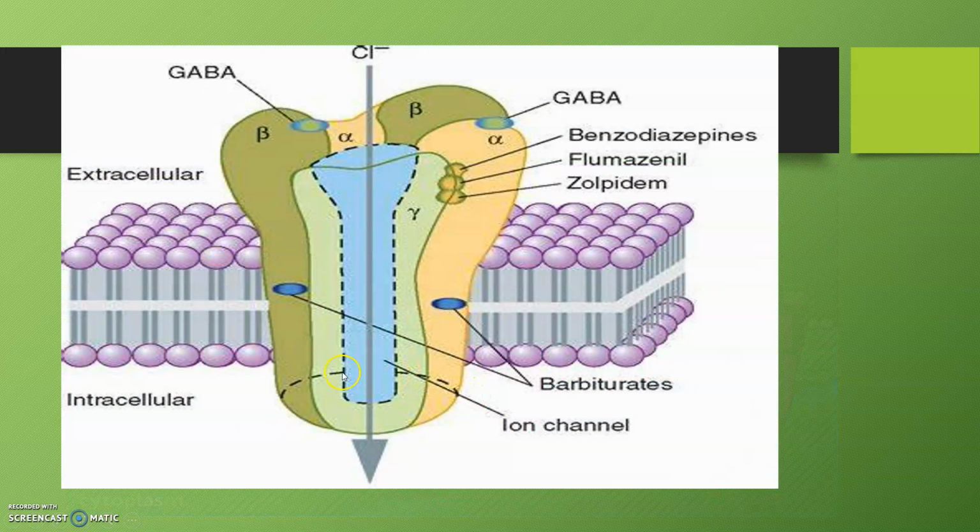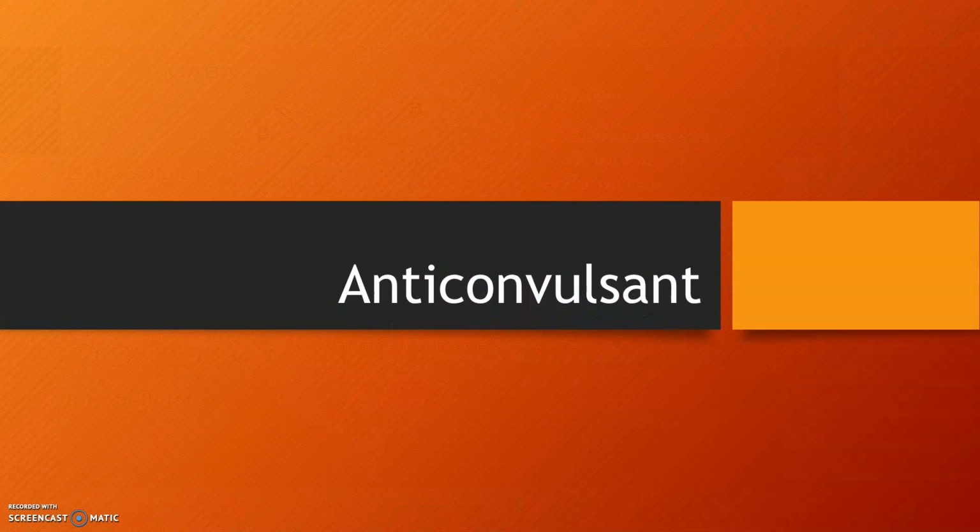Now, another diagram of this GABA receptor. This is the GABA, this is the drug site, and here is the channel which is open due to the binding of drugs. Okay. Now, what do we mean by anticonvulsant drugs, or what are the drugs which are used as anticonvulsants?